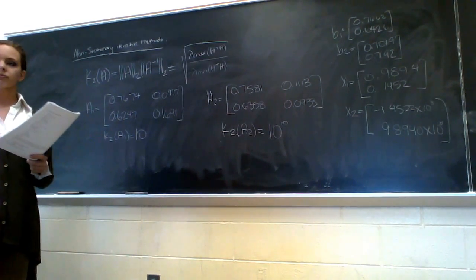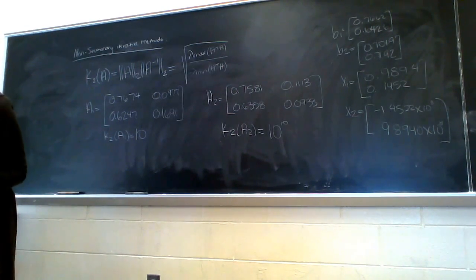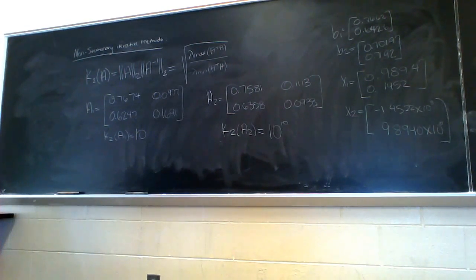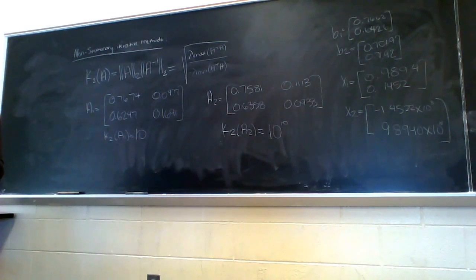Which means the difference between the lambda max and lambda min are way different for A2 than for A1. So it's just a matrix that is much more sensitive, therefore it's much more ill-conditioned. So we can't rely on it nearly as much as we can a matrix that is well-conditioned.